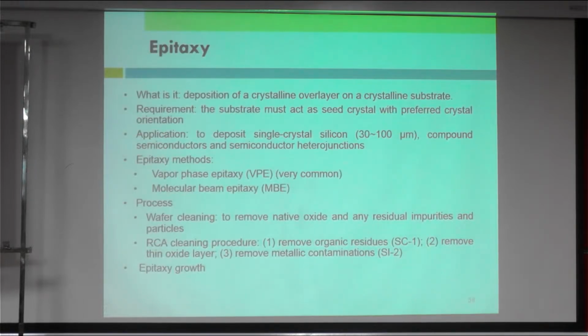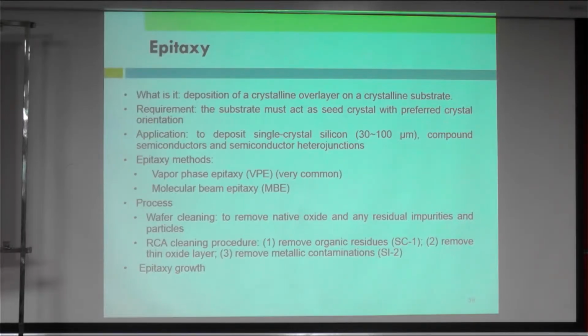So next we will look into epitaxy. What is epitaxy? Epitaxy is deposition of a crystalline overlayer on a crystalline substrate. Basically, we try to deposit layer by layer of material. The requirement is that the substrate must act as a seed crystal with a preferred crystal orientation.